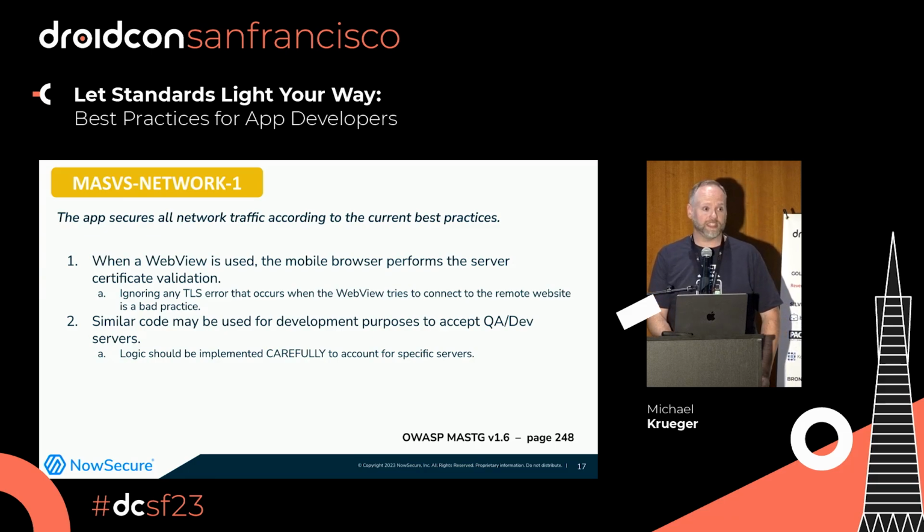We commonly see these three issues in QA or dev builds, but the problem is they don't always get changed over. They don't get commented out. They don't get made debug-only routines. These are overlooked prior to release.